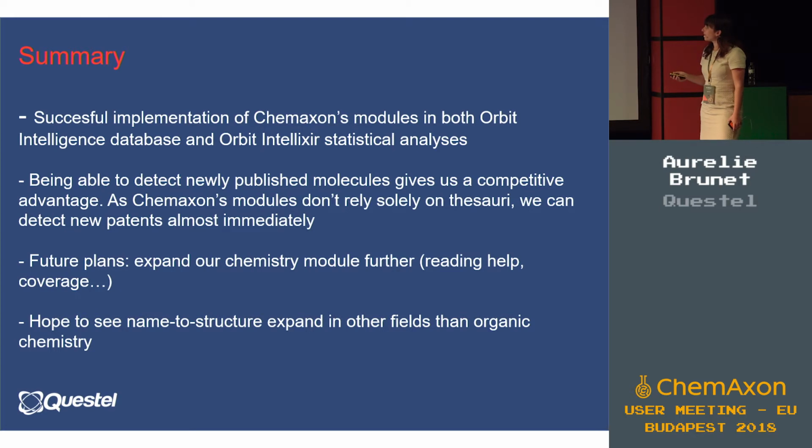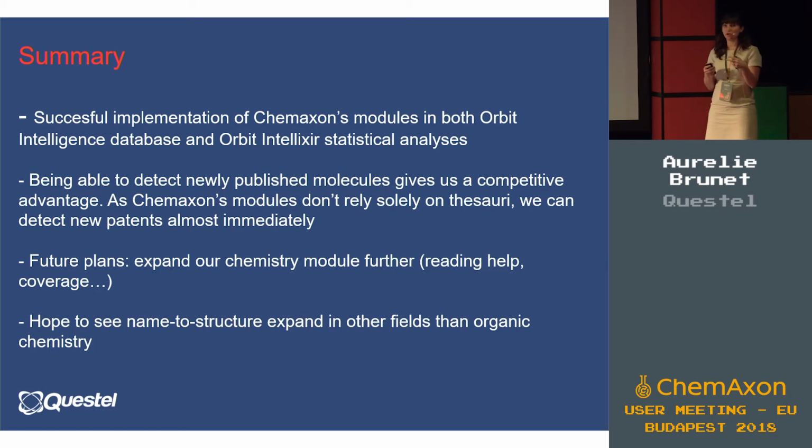Okay, so this is a brief summary: we have successfully implemented the ChemAxon module in both Orbit Chemistry Intelligence, Orbit Intelligence and Orbit Intellixir. And we are happy to say that it's now fully done. What we like most as Questel is the fact that ChemAxon doesn't rely solely on Titherite, the fact that you have an algorithm that allows us to detect chemicals in patents almost immediately.